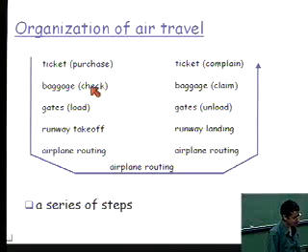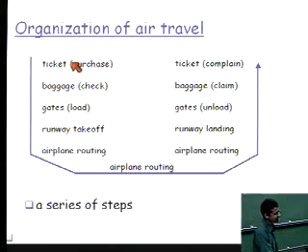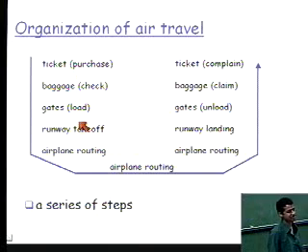So what you're doing is you're doing these different steps, and finally when you arrive at the destination, you do these steps in the reverse order. After the routing, the plane lands, you get out of the plane, you get your baggage, and if there's a problem, you complain. The thing to note here is that all of these different steps are sort of isolated from each other.